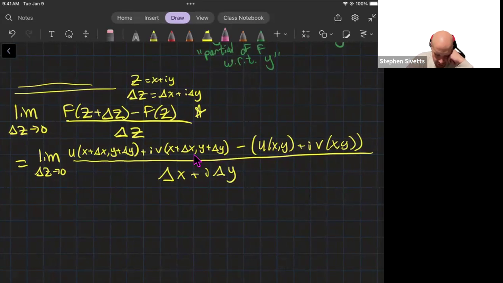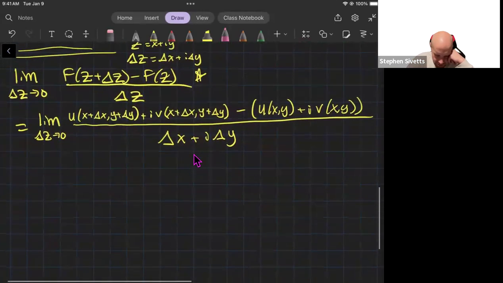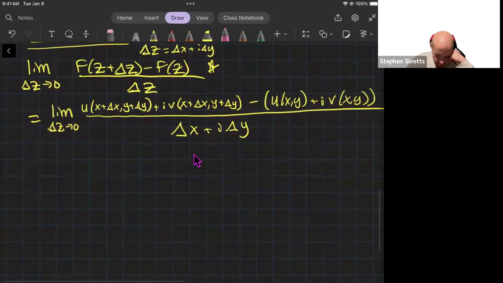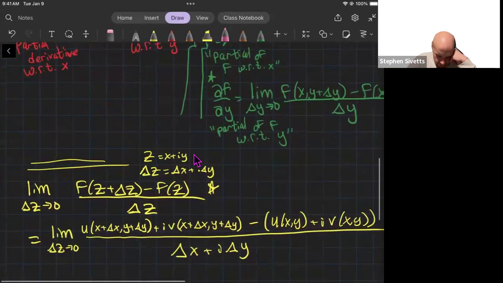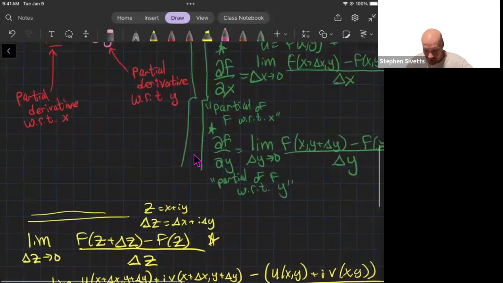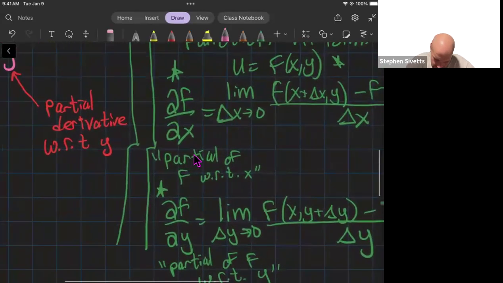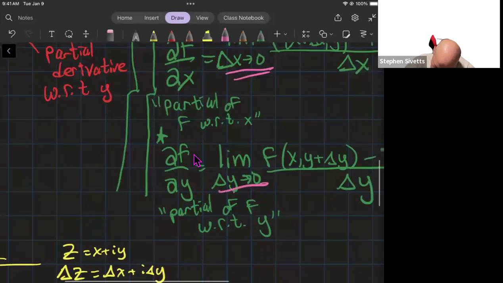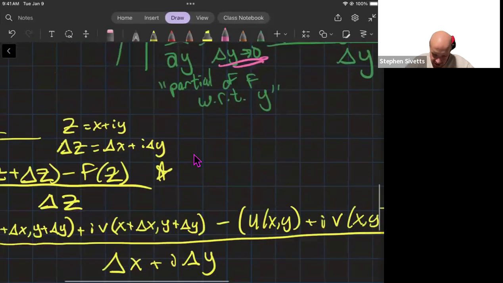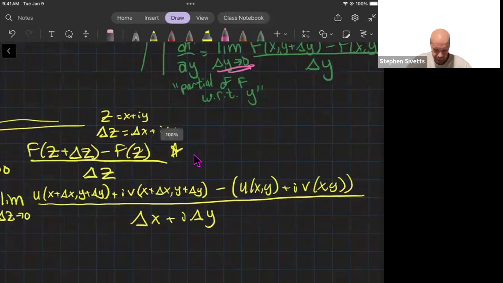Okay, so if you look at the different partials, it should equal the same limit. In other words, if we look at the different limits across these two paths, they should equal the same number if we're assuming that a derivative exists for f.